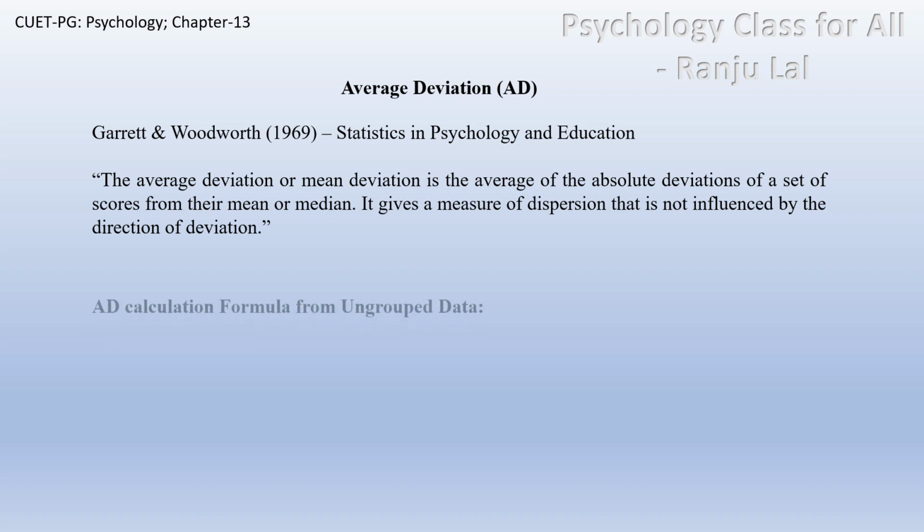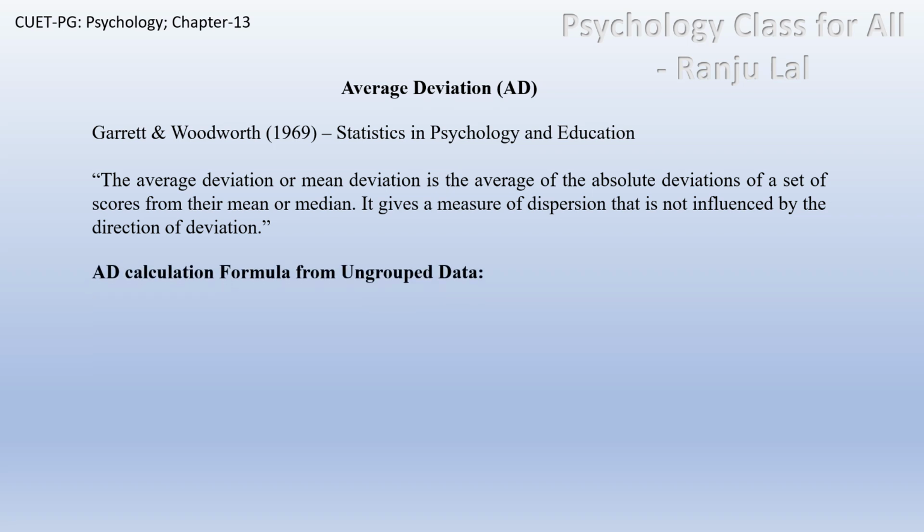Here is the formula for average deviation calculation from ungrouped data. Average deviation is equal to summation of modulus x, that is deviation x, divided by n. This bar sign is also called modulus. Here AD stands for average deviation.